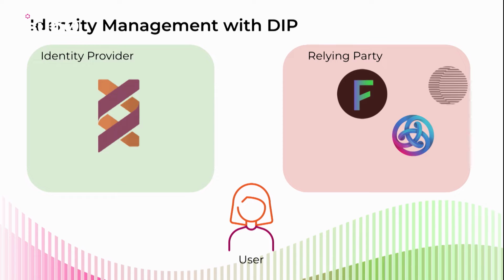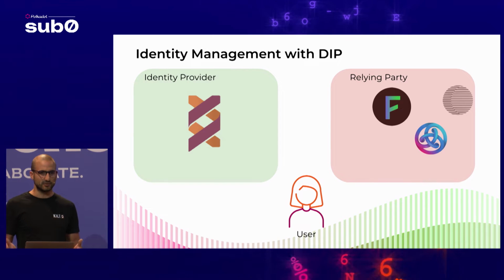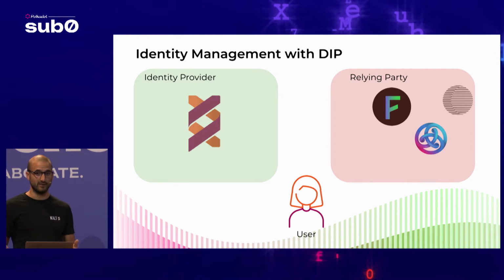Moving on to DIP, the representation is very similar to the one for OpenID, because that's exactly what we're trying to do, but bringing it into the Web3 world, and that's what DIP is about. It's a decentralized identity provider. The naming is not really original, but it gives away what it does.